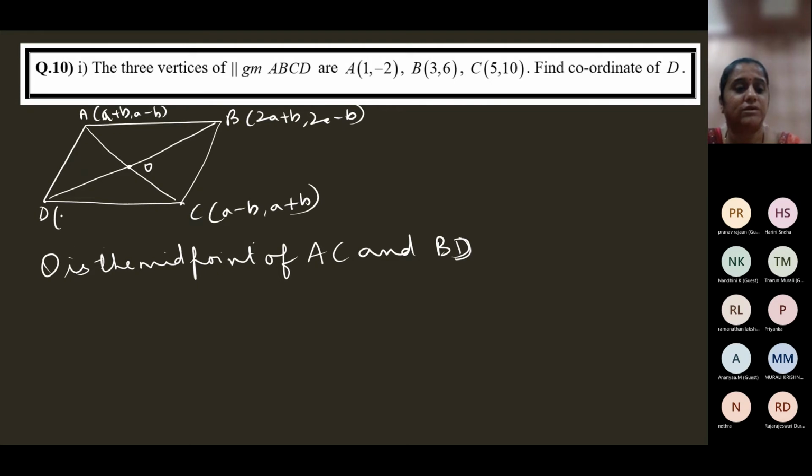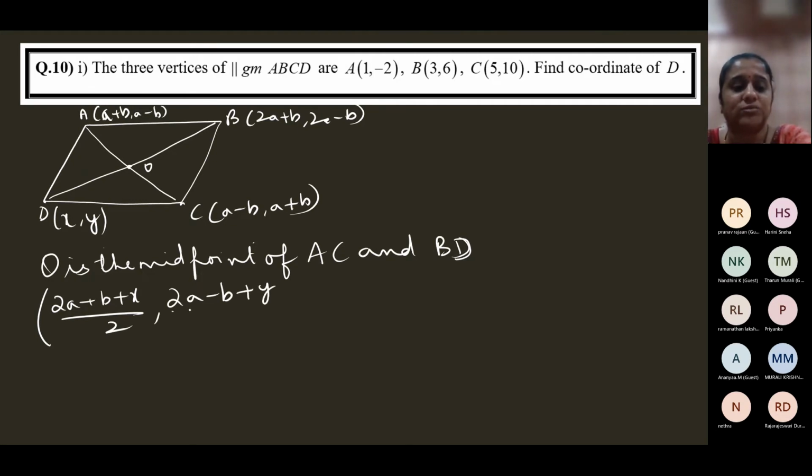Let this be something like X comma Y. We'll first find the coordinates of O using BD: (X1 plus X2) by 2, which is (2A plus B plus X) by 2, comma, (2A minus B plus Y) by 2, that is (Y1 plus Y2) by 2.